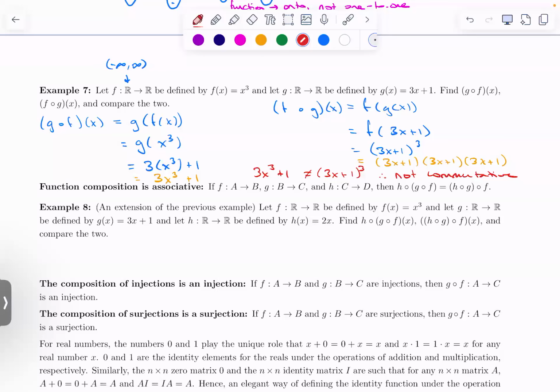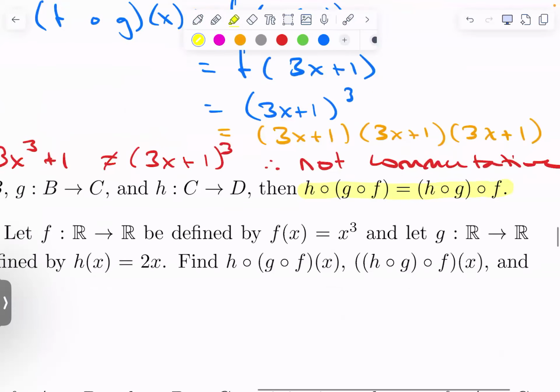I will introduce the term associative. And so function composition is associative. Skipping to the meat and potatoes here, what that means is if I have a function h composed with g composed with f, if I do g composed with f first and then compose it into h, that's going to be the same as h composed with g composed with f.